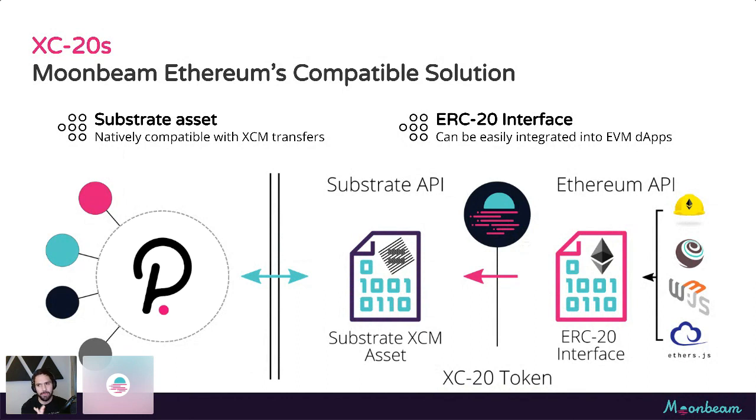This is not the case for ERC20s that live in the EVM, but it's really hard to say because we would have to see how the XC20s evolve over the years and how they are used.